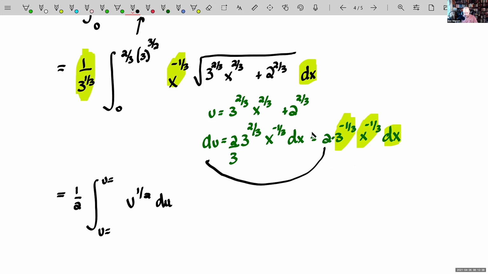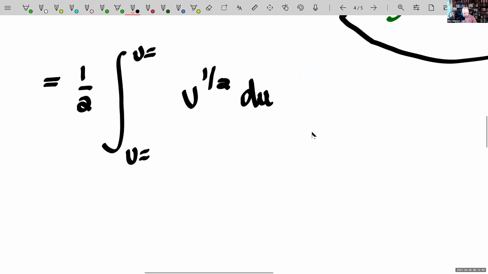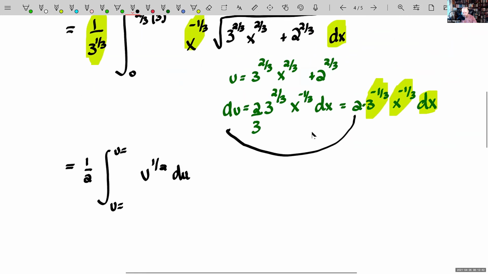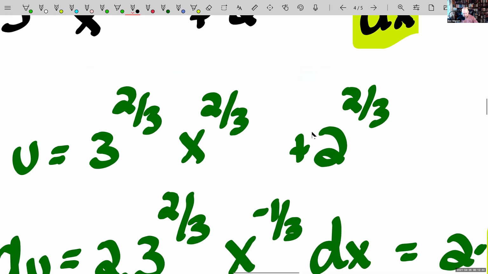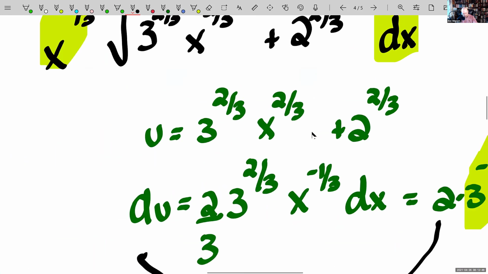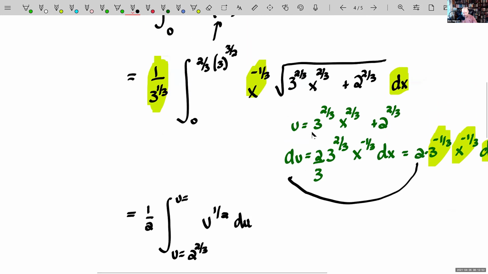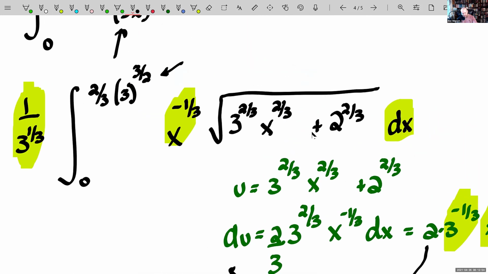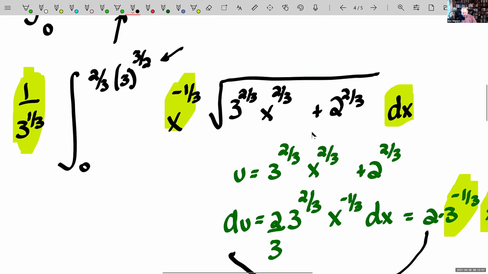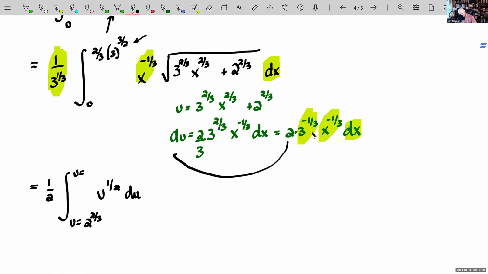Now, when x is 0, because I need to figure out what my limits of integration are, when x is 0, u is 2 to the 2/3. And when x is this nasty upper business, now I'll have to actually figure that out. Let x equal 2/3, 3 to the 3/2.